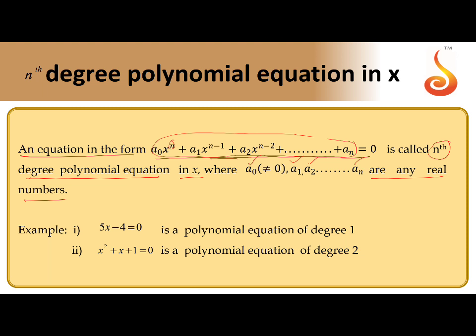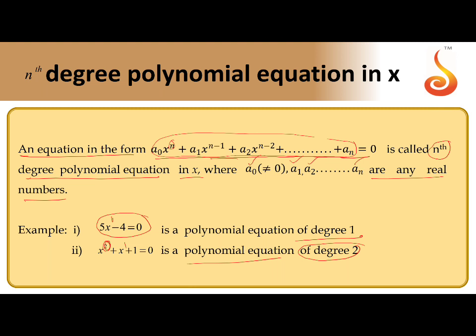For example, in this equation, the highest power of x is 1. We call this a polynomial equation of degree 1. Here, the highest power of x is 2. So the polynomial equation of which degree here? Second degree equation. I hope this is clear. So here you can take x power 1, x power 2.